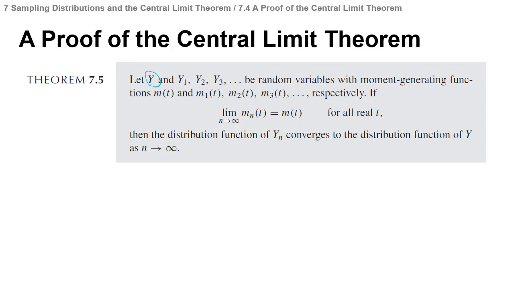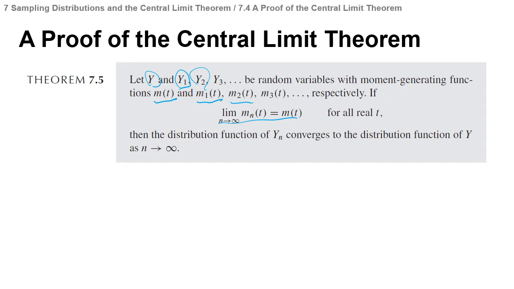If the limit as n goes to infinity of Mn(t) equals M(t) for all real t, then the distribution function of Yn converges to the distribution function of Y as n goes to infinity.